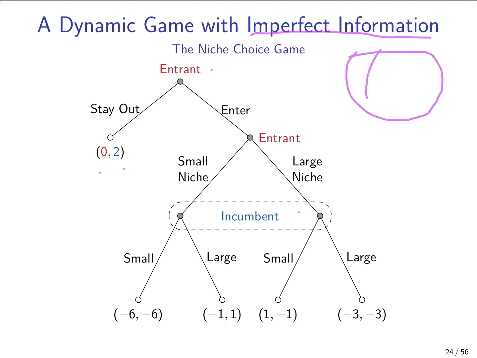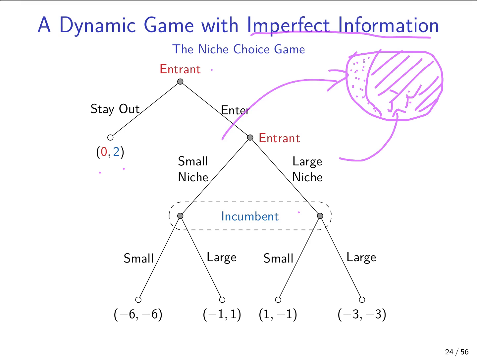Right? If the entrant focuses on, say, the mainstream market, the large niche, they will focus on that part of the market, or the entrant could decide to focus on a smaller niche, a smaller segment there. Right?